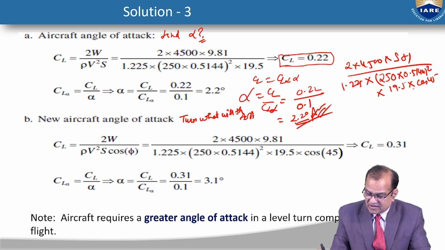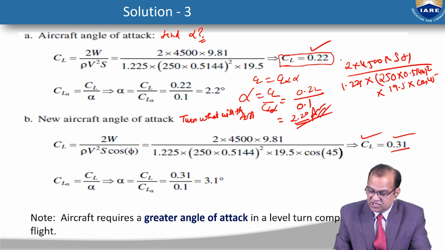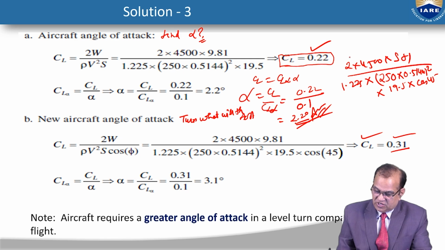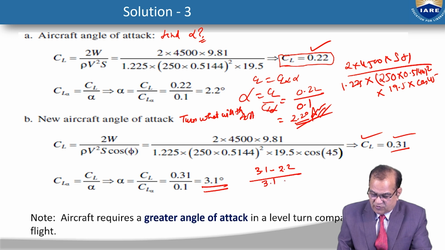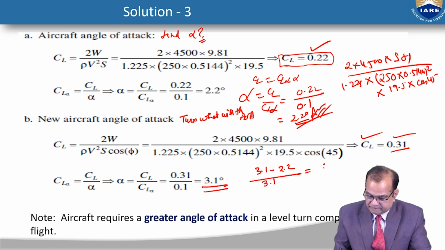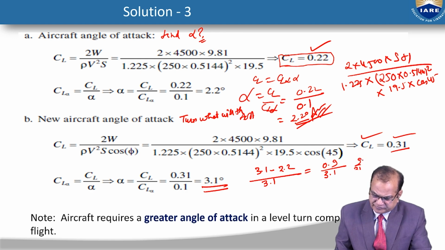So you will get the CL value 0.31, and here you got 0.22. So 0.31 divided by 0.1 is 3.1. So you got the angle of attack 2.2 and 3.1. So 3.1 minus 2.2 divided by 3.1, you will get 0.9 divided by 3.1, or 9 by 31.